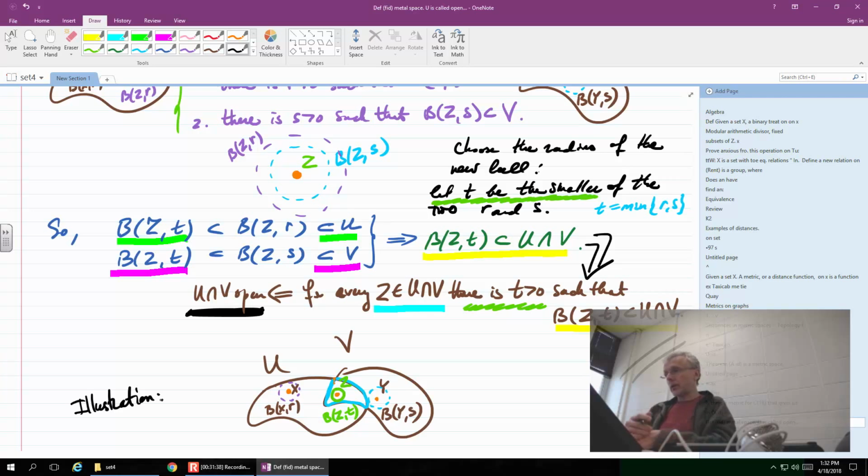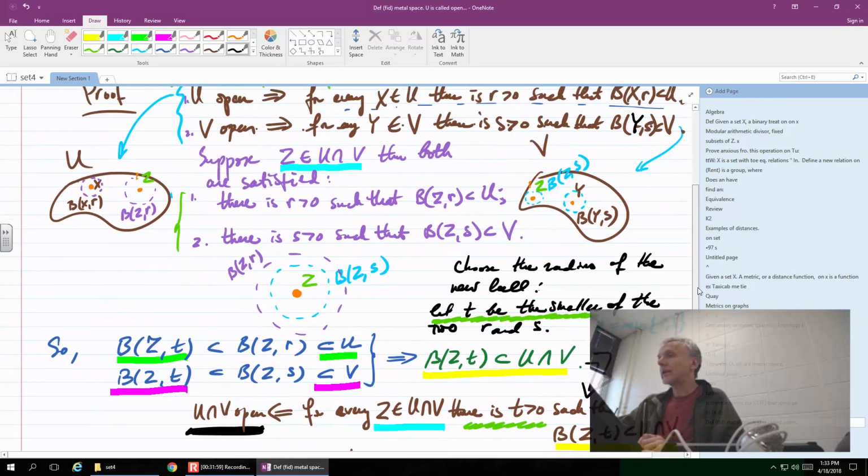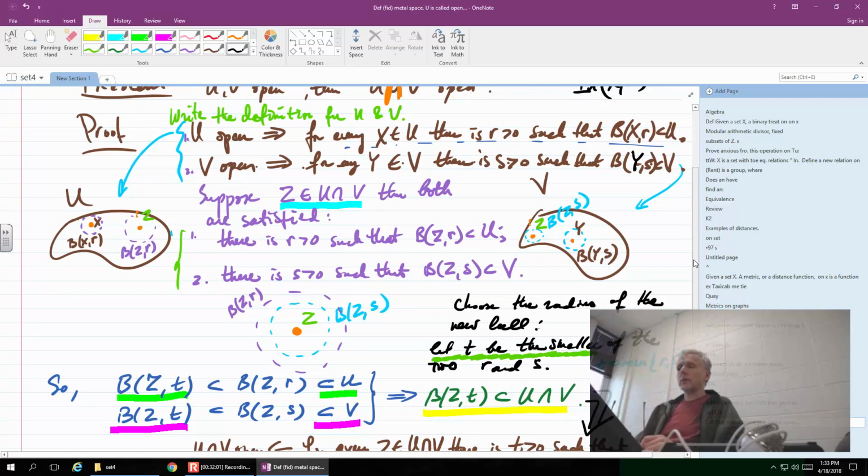Okay, when you see a proof, and you're not entirely sure about it, there are a couple of ways to deal with it, or both. One is to expand and provide more details, or you streamline it and compact it. I think I have provided details. I just didn't write them out.